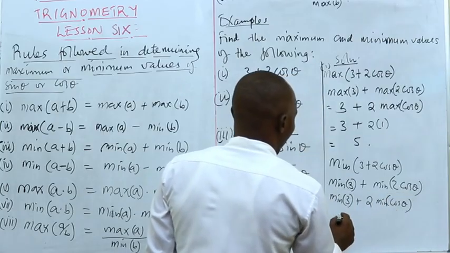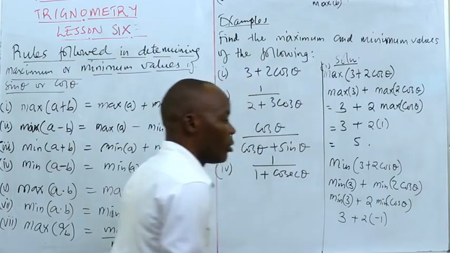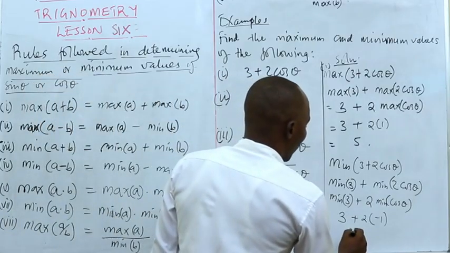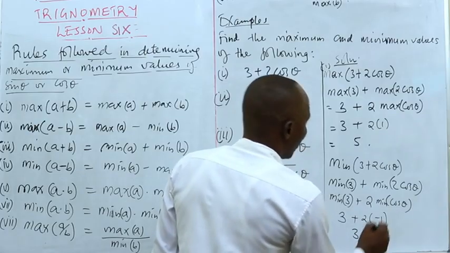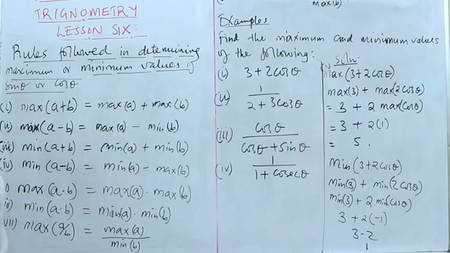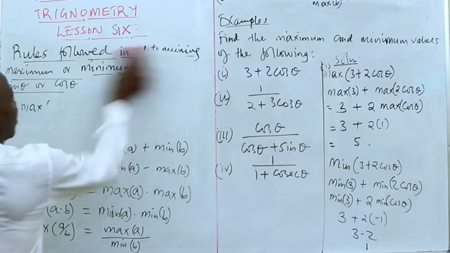So this is 3 plus 2 into negative 1. The minimum of cos theta is negative 1. So this is 3 minus 2, which is a 1. I think you can see the difference. One is bigger than the other. Okay?